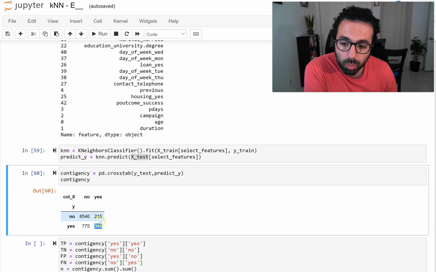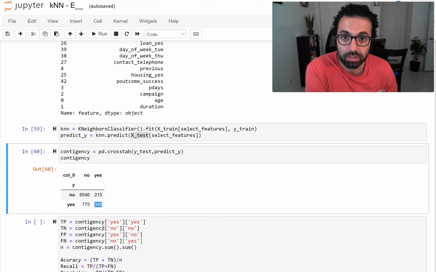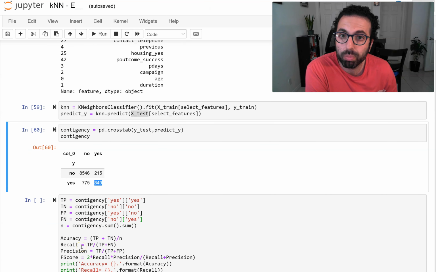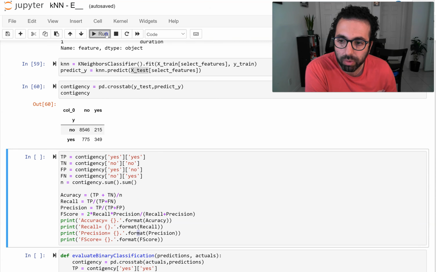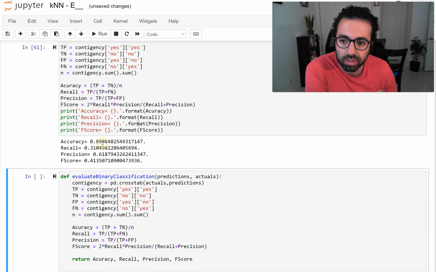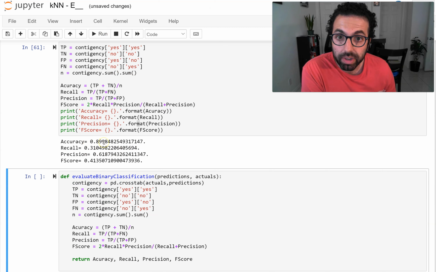So that's one way of looking at the evaluation of a classification algorithm, by looking at the contingency table, but there are also metrics that we can use. The metrics that you can use for binary classifications are accuracy, recall, precision, and F-score. All of them are calculated here. By running this, we can see that the accuracy is around 90%, which is a fair number.